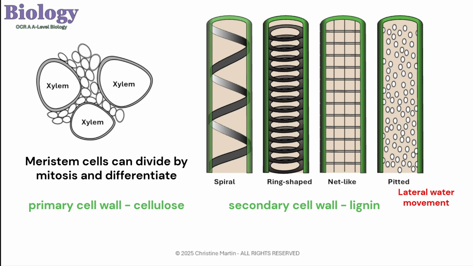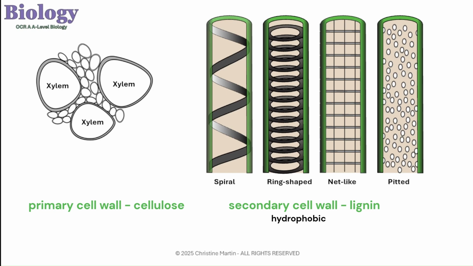Now, lignin is hydrophobic, so it does not form hydrogen bonds with water. However, within the xylem vessel walls, there are pits and microsurfaces where cellulose remains exposed. Now, cellulose has a part of it which is hydrophilic because it contains hydroxyl groups that can form hydrogen bonds with water molecules.